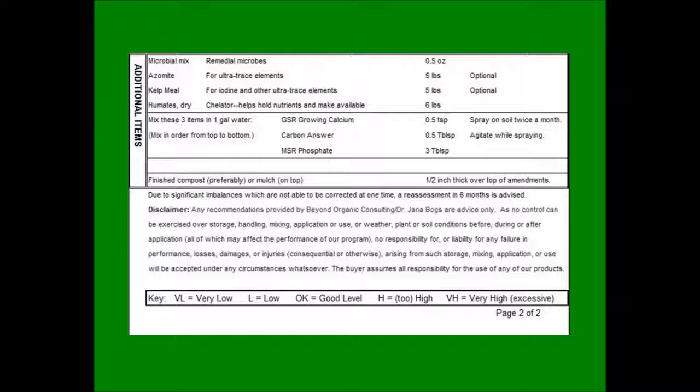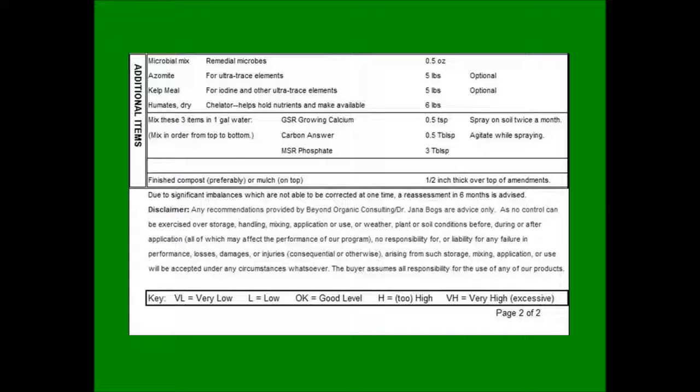Here's the final section at the bottom of page 2, the additional items. Usually I'll recommend someone add a microbial mix. These microbes are very important for your soil. They make the soil nutrients available to the plants. Then generally I'm going to also emphasize having some sort of ultra trace element mixture added, something like azomite or kelp meal.